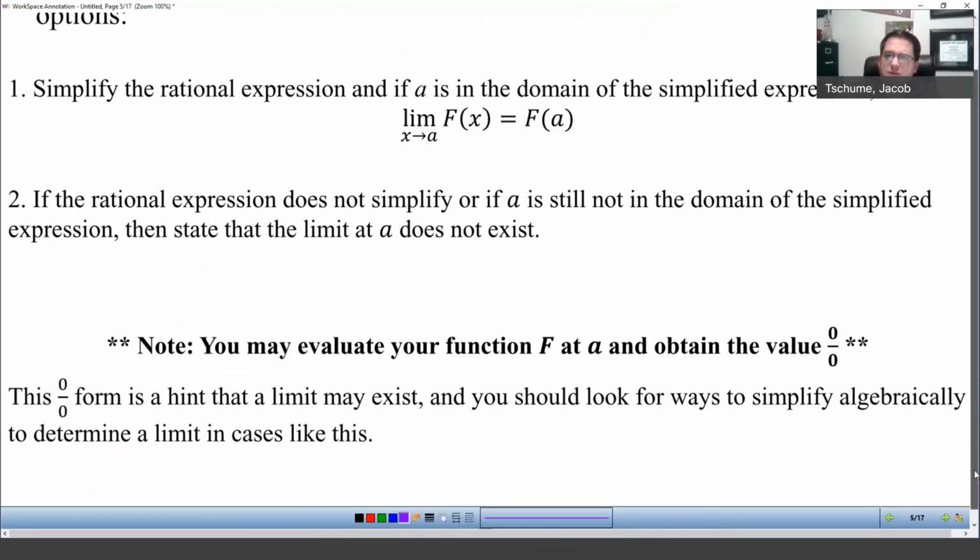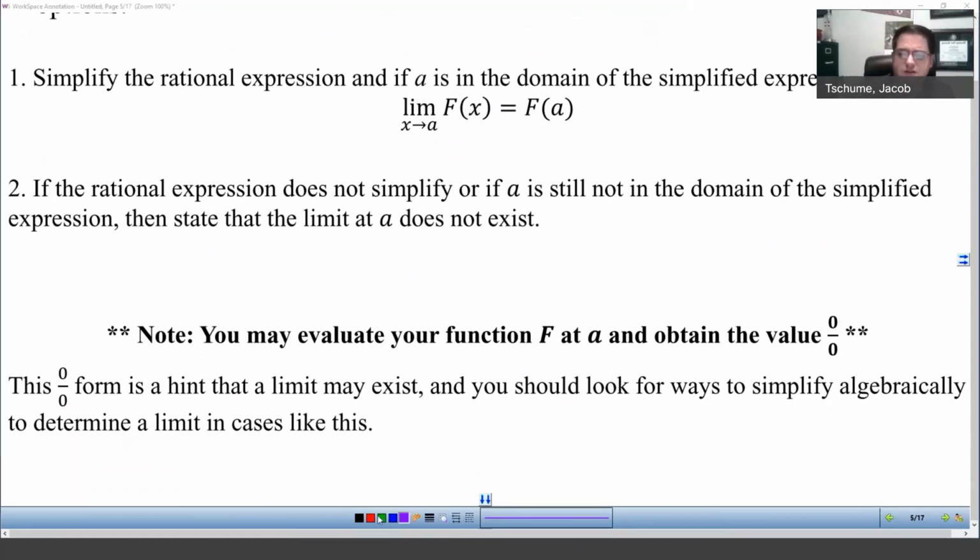Now, some people get a little confused with those two rules, so I do have a quasi shortcut that might help you. Make note of this little statement right here. If you evaluate your function at a and you obtain the value 0 over 0, which is very popular to get in this section, this 0 over 0 form is a hint that a limit may exist, and you should look for ways to simplify algebraically to determine the limit in cases like this.